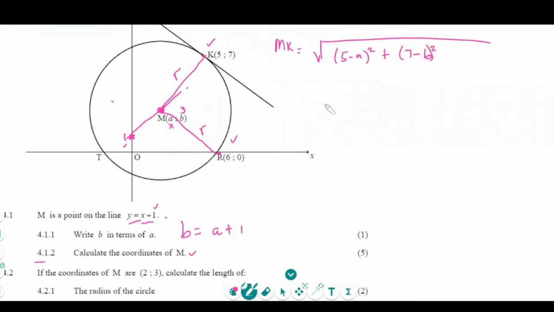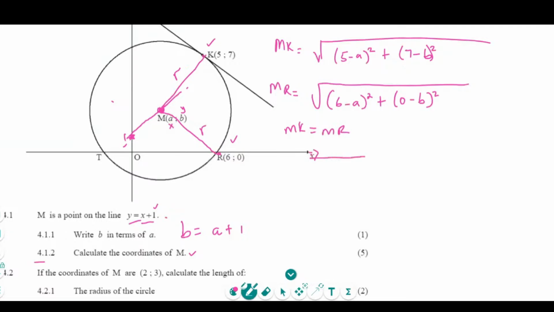Then I'll do the same. The distance MR will be the square root of 6 minus A squared plus 0 minus B squared. But we know that MK must be the same as MR, radii of the same circle. Then I'll equate the two.